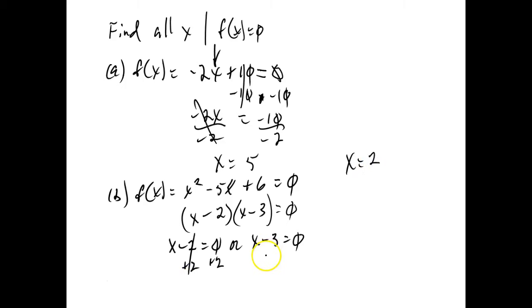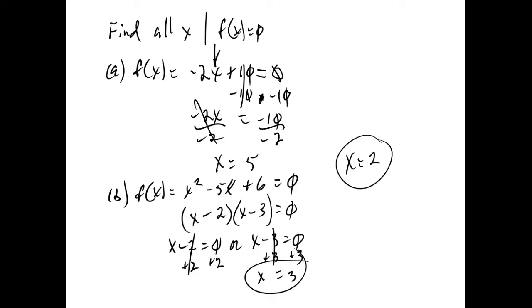And over here, add 3 to both sides, and that gives you x equals 3. All right, we have found, and guess what? When you have an exponent of 2, you can have up to 2 solutions, no more. We found 2, we know there's no more. So we found all the x's that make this true.